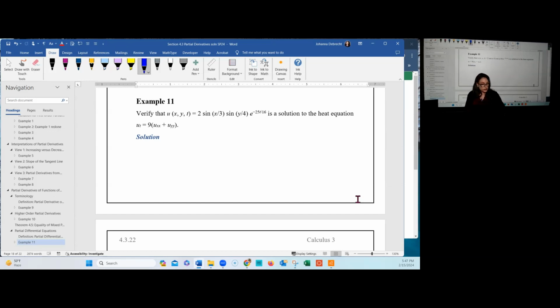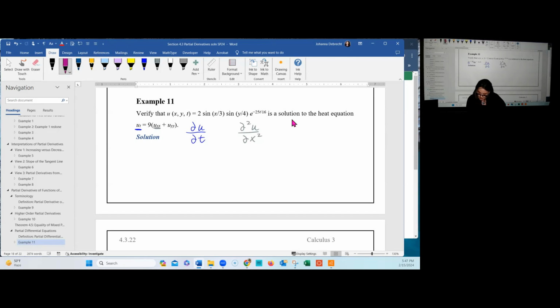Remember, if it's a solution, it should satisfy the equation, which means that we need to find the partial of u with respect to t to replace this part right here in the equation. Then we'll need to find the second partial of u with respect to x both times to replace this part of the equation.